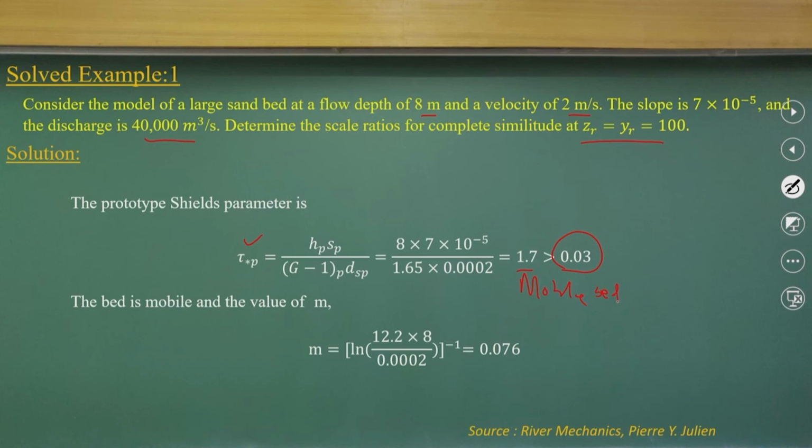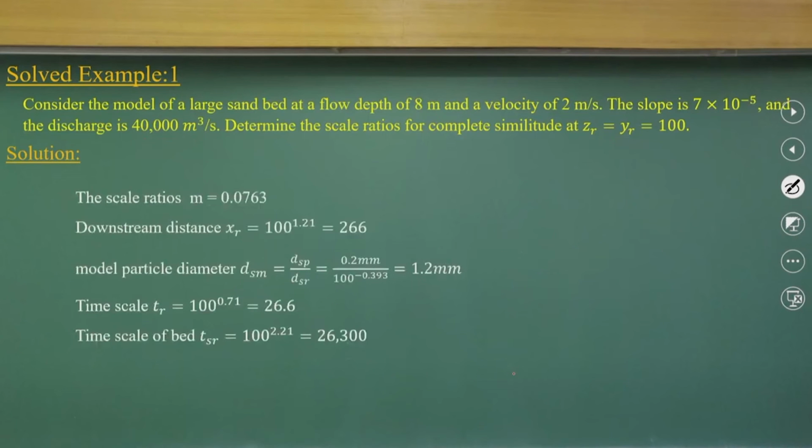Then we need to compute the m value. Based on that and the tables I showed you, we can compute the ratio in downstream distance and the model particle diameters.